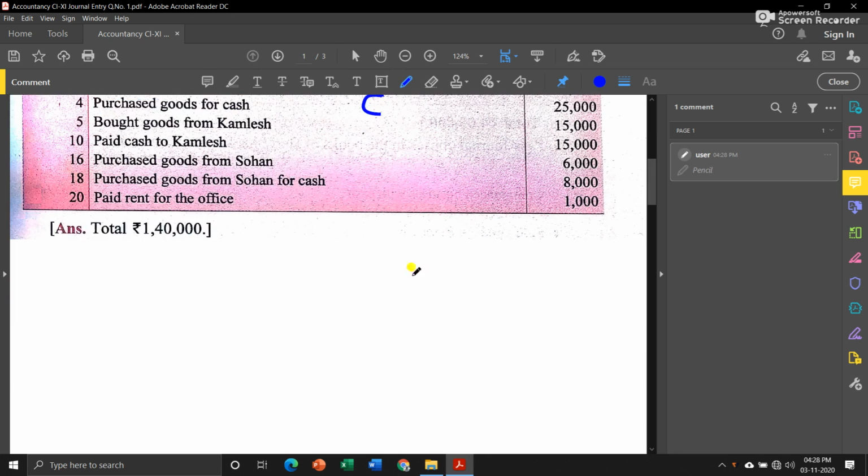Now we know that we have two accounts, sorry for my handwriting. First is cash and second is capital. Okay, now for cash account we will apply real accounts rule, and for capital we will apply personal accounts rule.